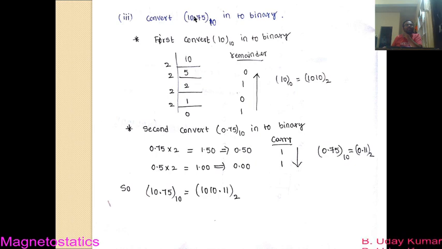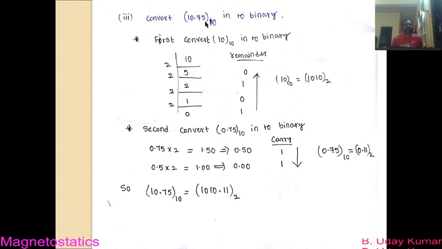Remember, while converting the decimal number which is greater than 1, you have to use the double method. Okay, and while converting the fraction, you have to use the other method of multiplying with 2 and writing down the carry on its side and taking it in downward direction. So that means you have to do it separately.